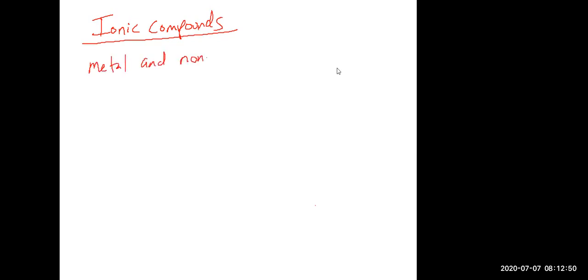So let's talk about how we go about naming these different types of compounds. We're going to start with ionic compounds. Ionic compounds, as you remember from bonding, are between a metal and a non-metal. These pretty much will have a transfer of electrons.